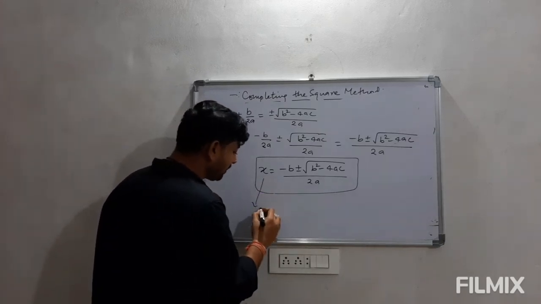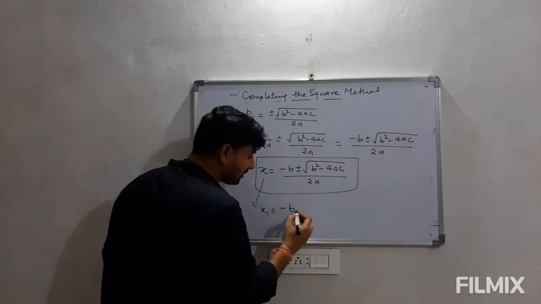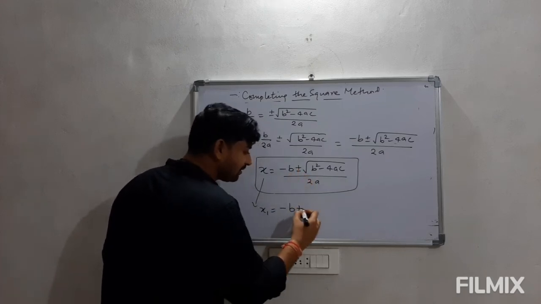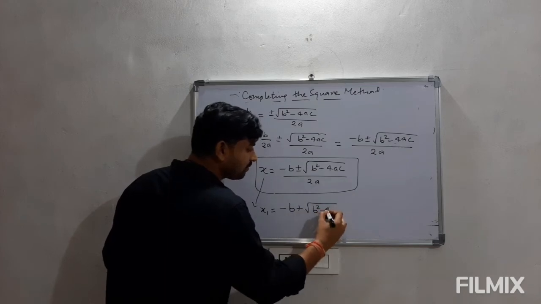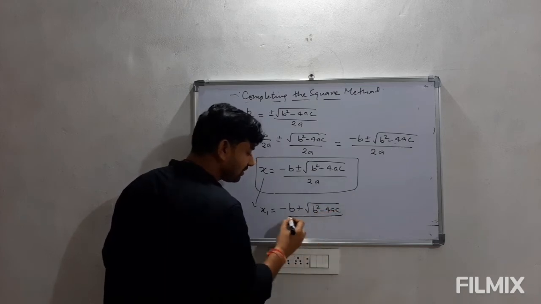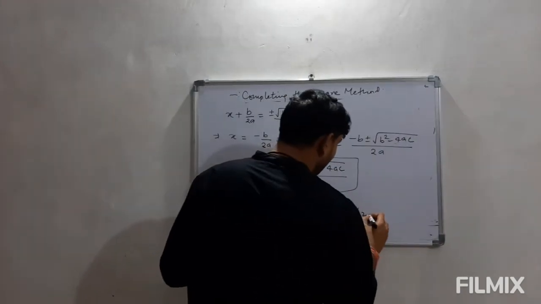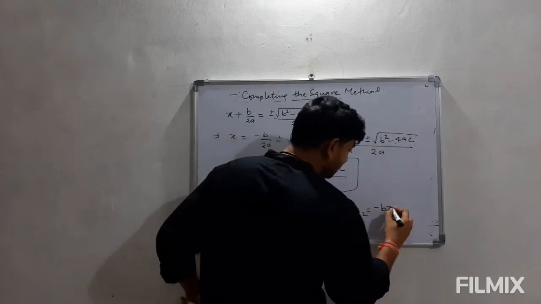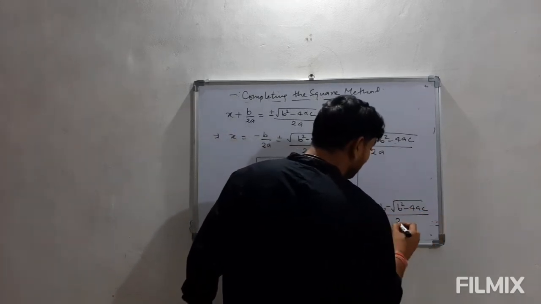So if we call them x1 and x2, the value of x1 will be calculated by minus b. Once we take plus sign here, we will get minus b plus square root of b square minus 4ac upon 2a. And if we take it as x2, the other one, we will use minus sign here, so minus b minus under root b square minus 4ac upon 2a.